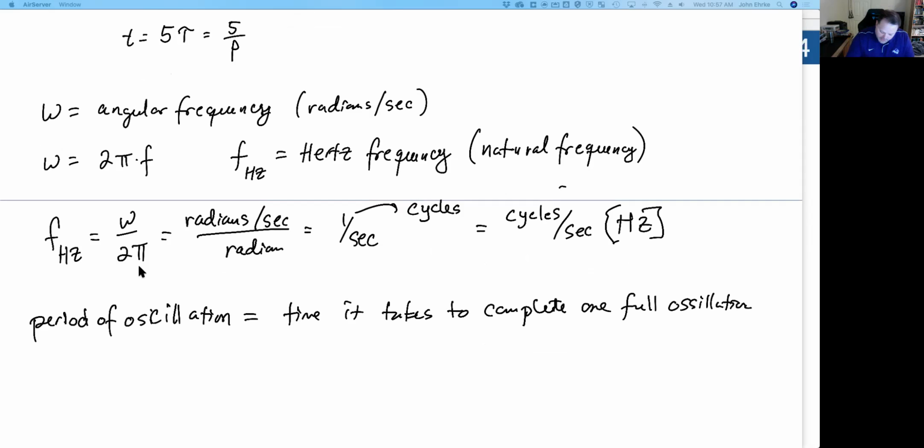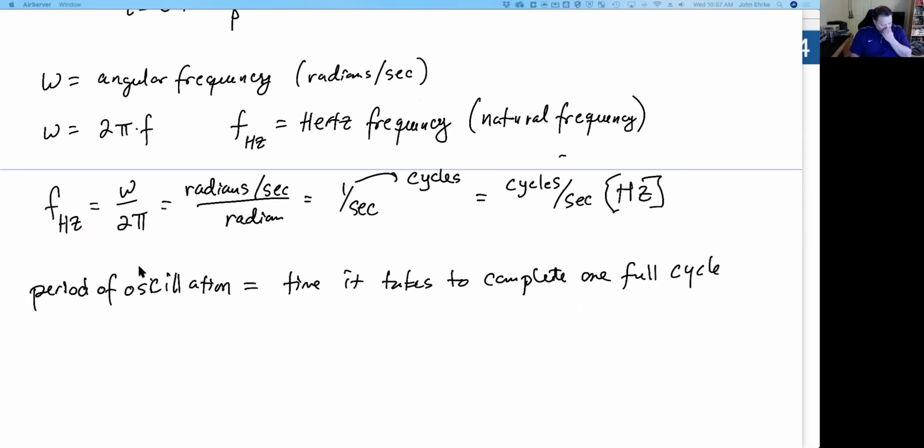Having trouble spelling here this morning. We usually use capital T for period. It's the inverse of the Hertz frequency, because Hertz is cycles per second. So how many seconds for one cycle is literally the definition of period. So it's the inverse of the Hertz frequency, or you can take 2 pi over omega if you want to write it in terms of angular frequency.